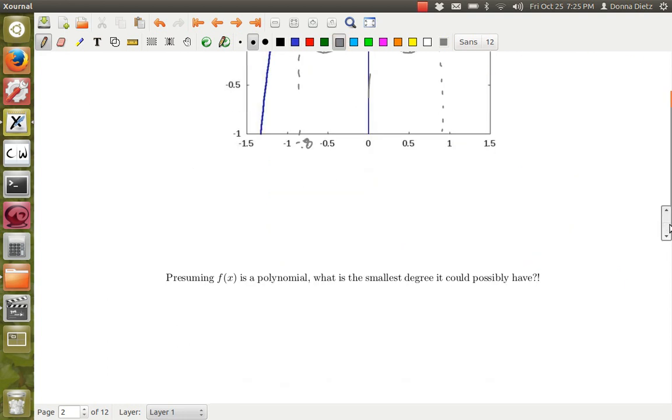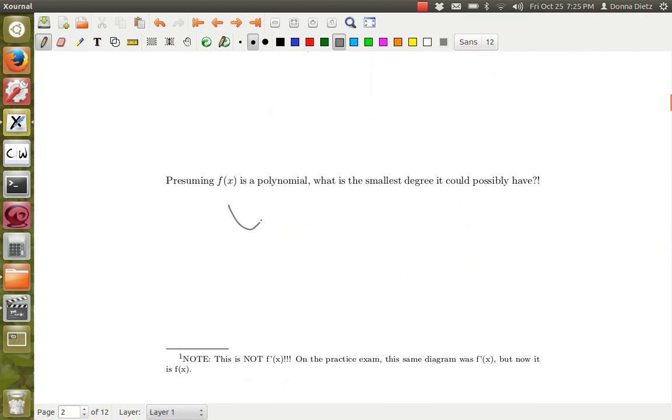So what was f prime? If f prime looked like this, what degree is it? Well, it goes down. So a line goes down. A parabola goes down and up. A cubic turns around again. So it's a 4th degree, but that's not f. F prime is 4th degree, or possibly more. There could be more wiggles that are hidden, that are too small for our eyes to see, but it's at least degree 4.